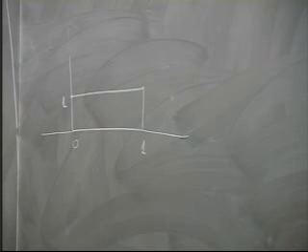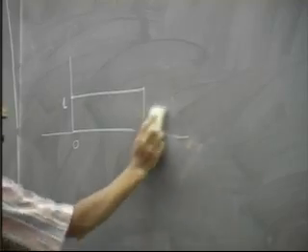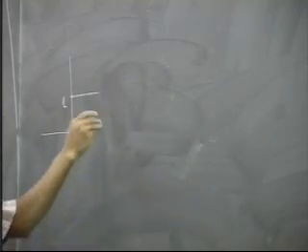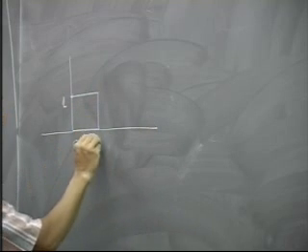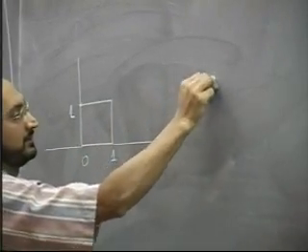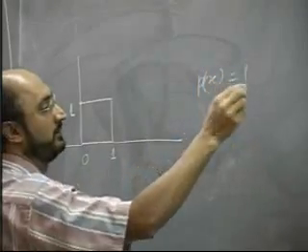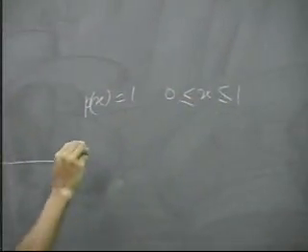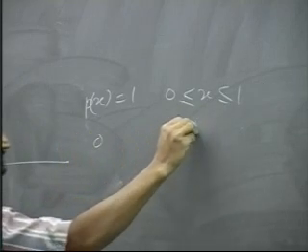My square is kind of skewed. Maybe I should make it more square. That looks more like it. There. So we have a nice square, a unit square. And so we define this as p(x) equals 1 for 0 less than or equal to x less than or equal to 1, and 0 otherwise.